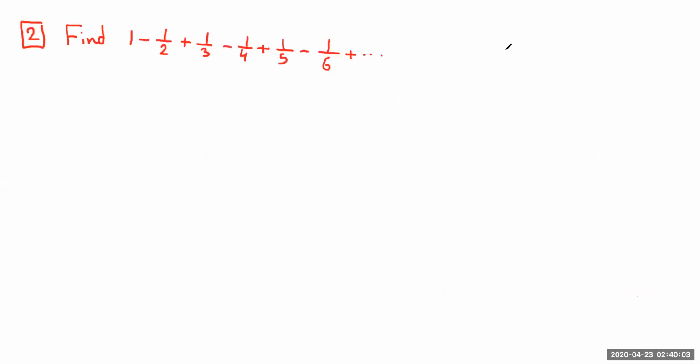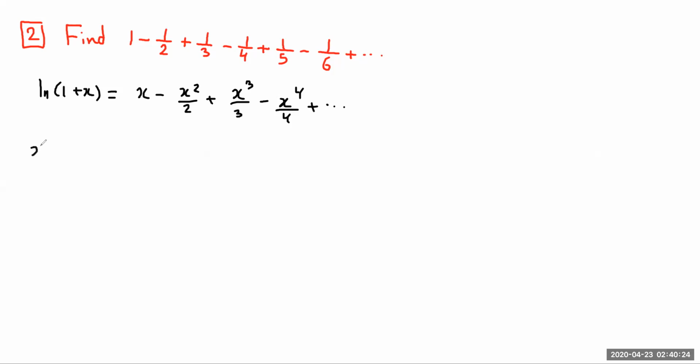So we have here ln(1 + x) = x - x^2/2 + x^3/3 - x^4/4 + x^5/5 - etc. Let's give x = 1.